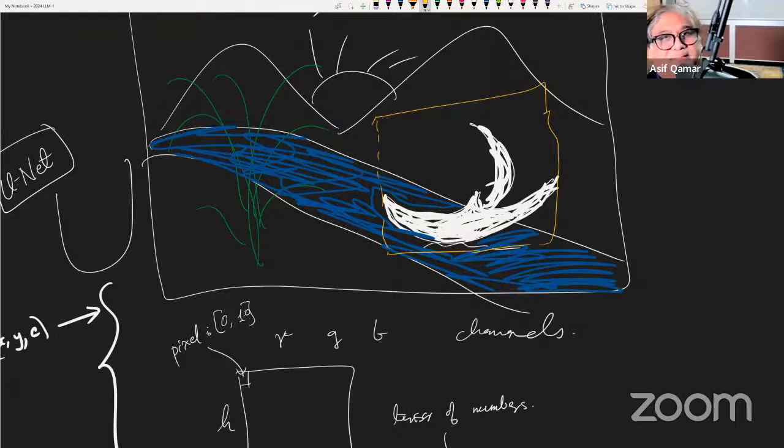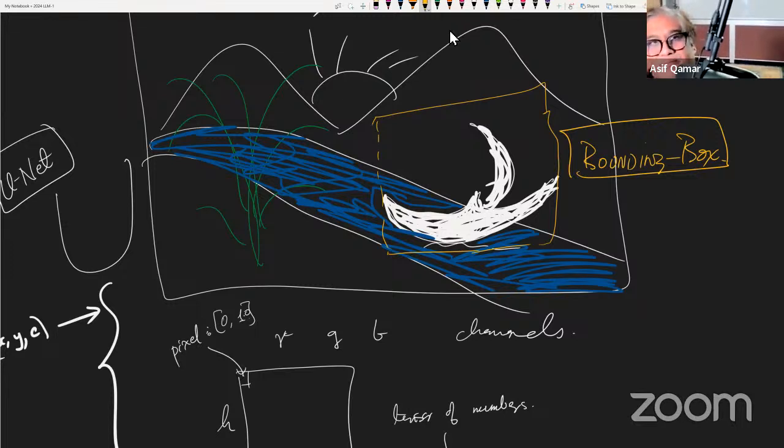Are we together? Now, given a rectangle, a bounding box rectangle, the vocabulary word that we are introducing today is bounding box.